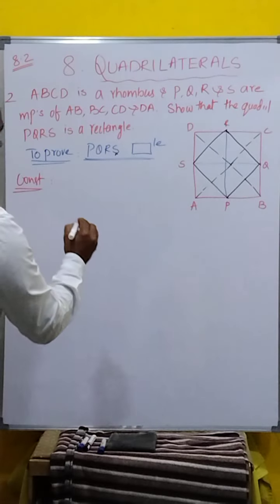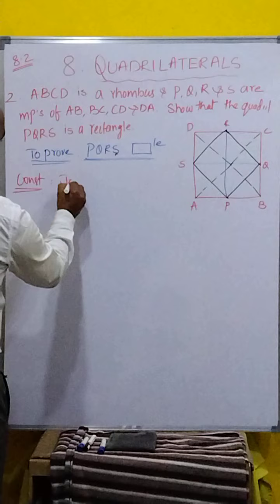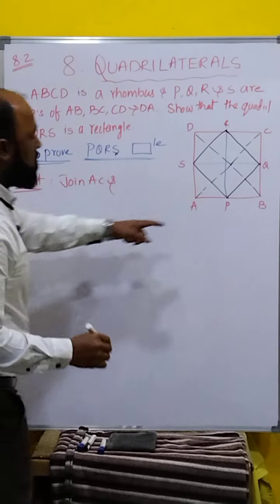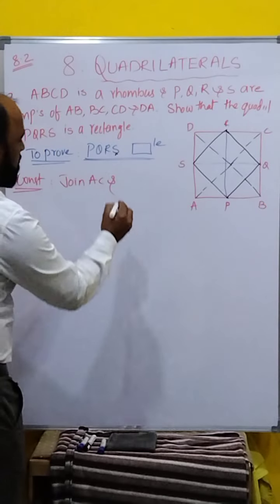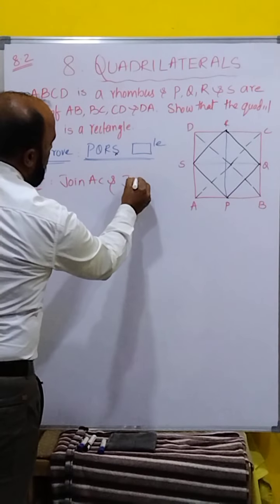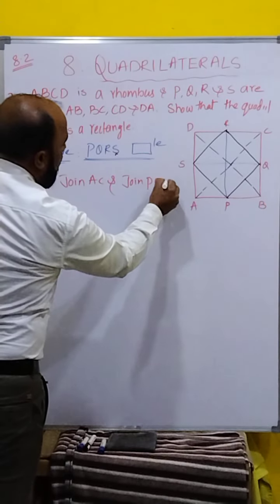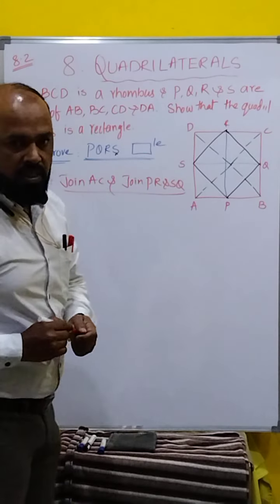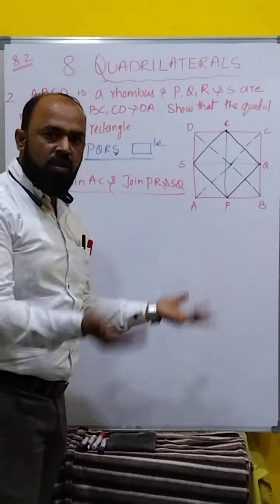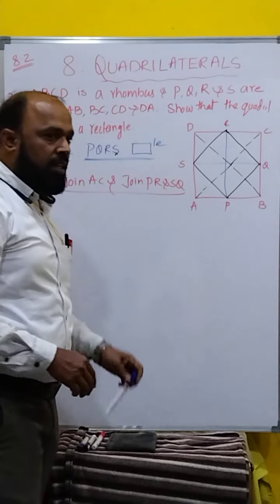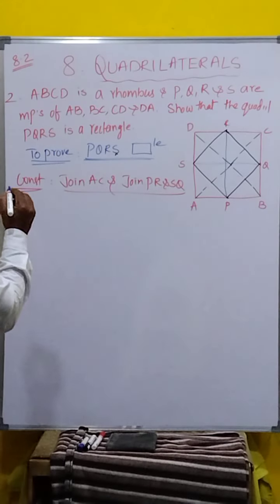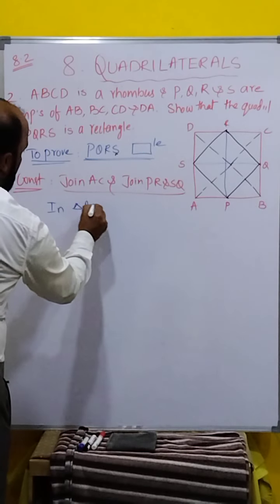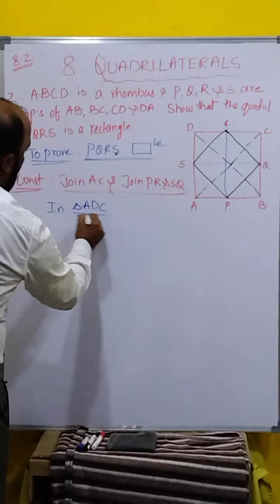Construction: join AC, and also join PR and SQ. In question number 1 already we proved, again we have to prove. Observe here in triangle ADC.